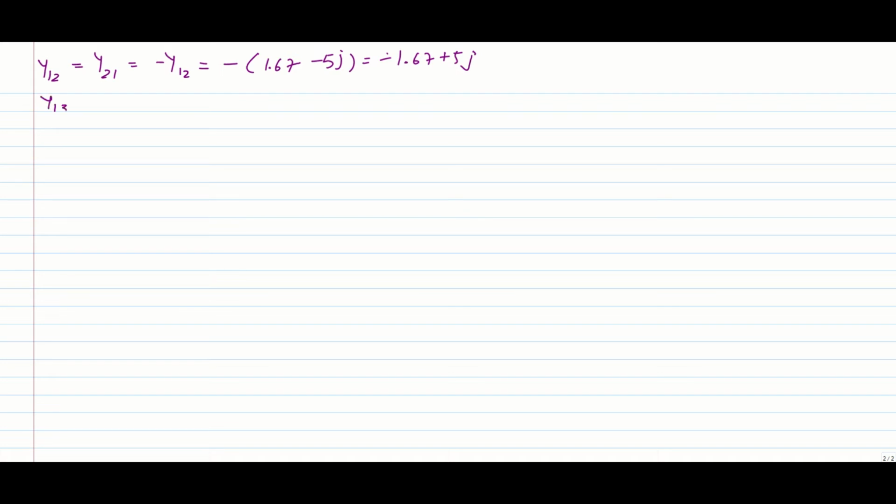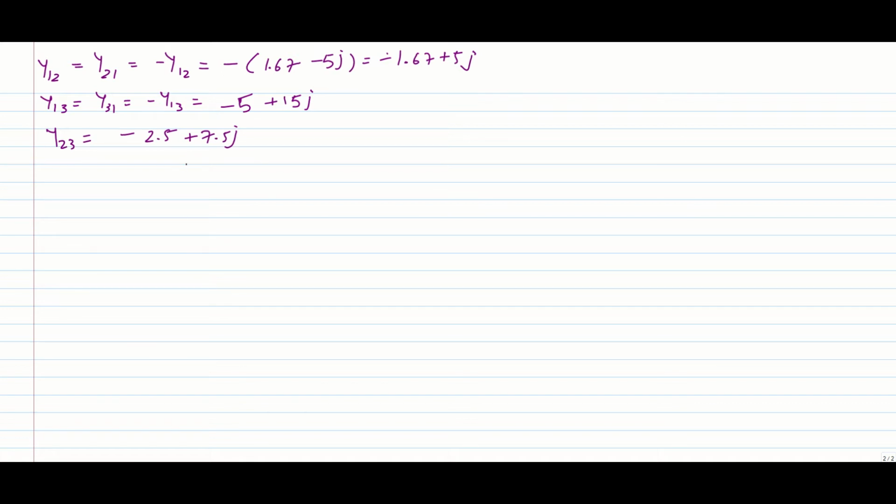Similarly, for Y13, which is equal to Y31, equal to minus Y13, which is minus 5 plus 15J. And for Y23, it is equal to minus 2.5 plus 7.5 J.